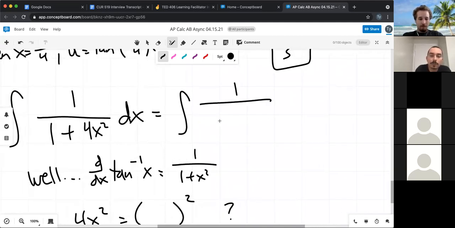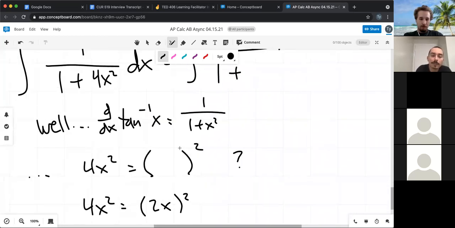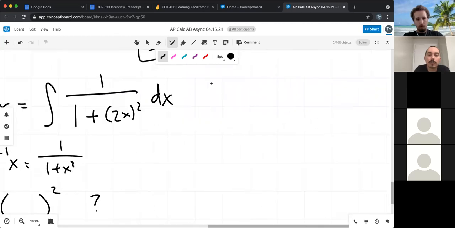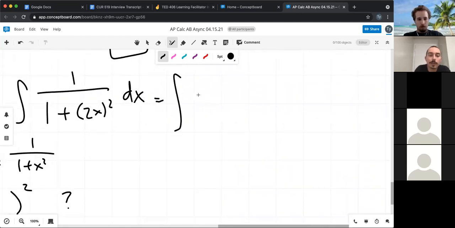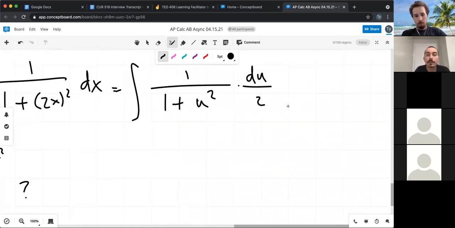So we have 1 over 1 plus, well, we rewrote this part as the quantity 2x squared. So now if we plug in u and dx, we have 1 over 1 plus, our u was 2x, so this is 1 plus u squared on the bottom. And our dx was du over 2. So do we have any x's? No, we do not. We just have u's. That means we did it right.